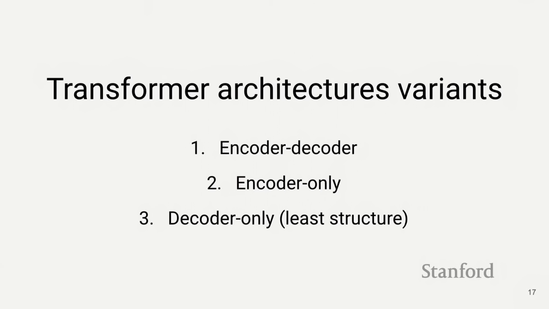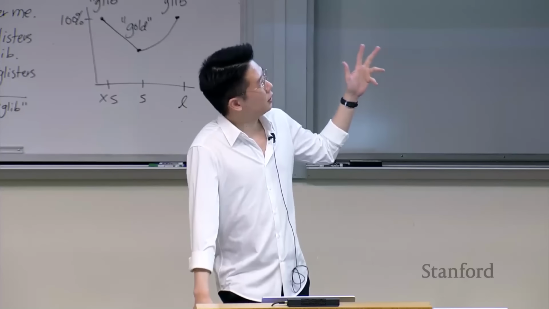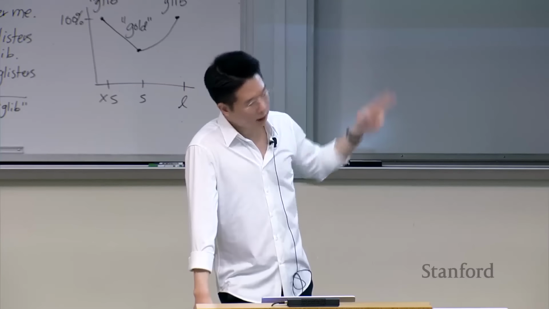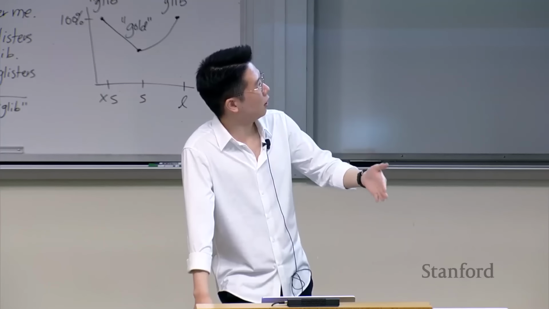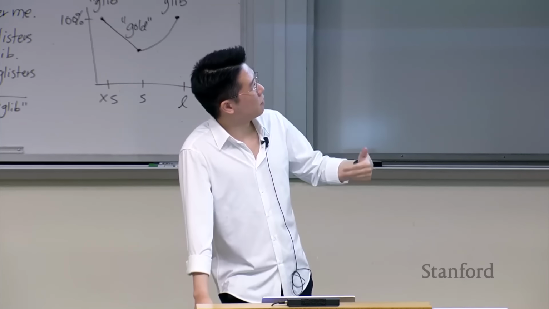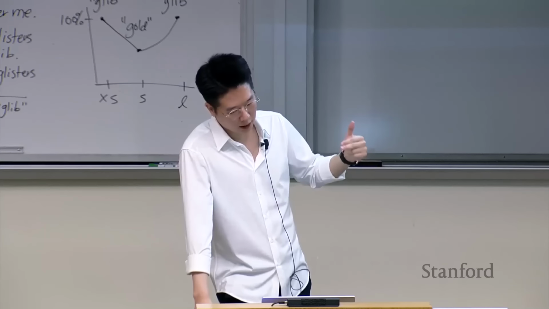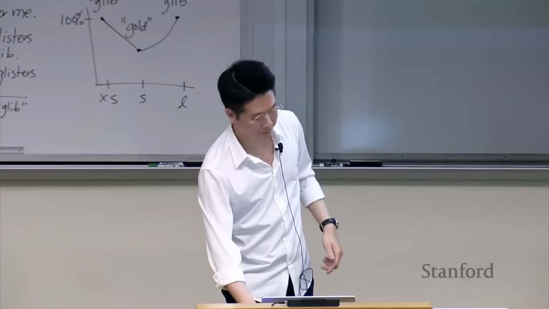This has a lot less structure than the encoder-decoder. These are the three types we'll go into detail. The encoder-only is actually not that useful in the most general sense. It still has some place, but we will just briefly go over that and then spend most of the time comparing one and three. One has more structure, so what's the implication of that, and so on.